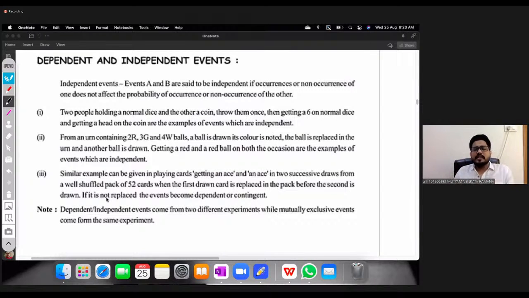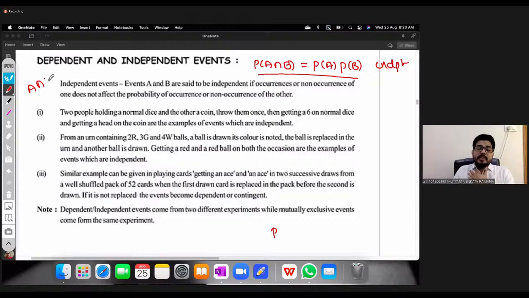Mathematically, we will study this later: if probability of A intersection B is equal to probability of A into probability of B, then we call the events independent. Otherwise, no. Most people say, sir, if A intersection B is a null set, they are independent. Never. Because A intersection B being a null set means the occurrence of A is completely preventing the occurrence of B. So it is not independent.